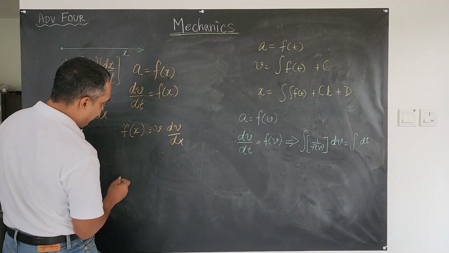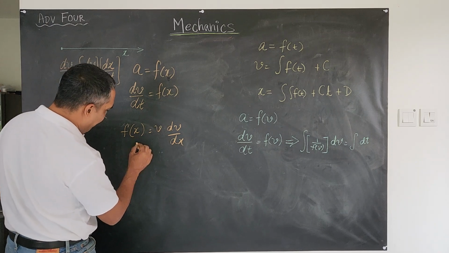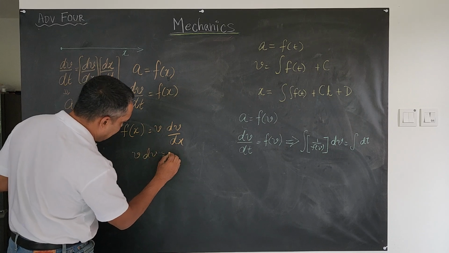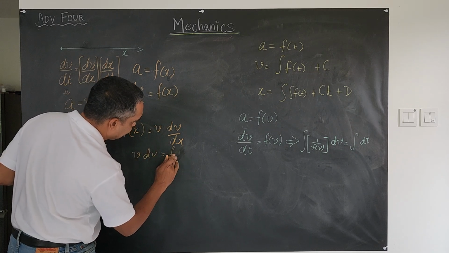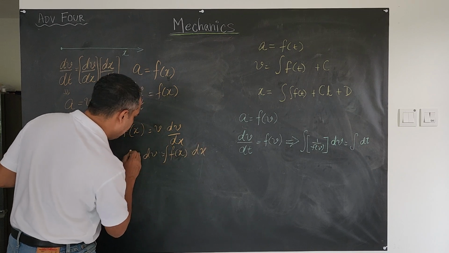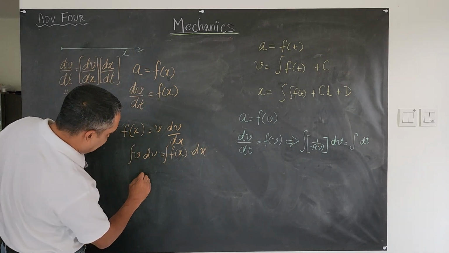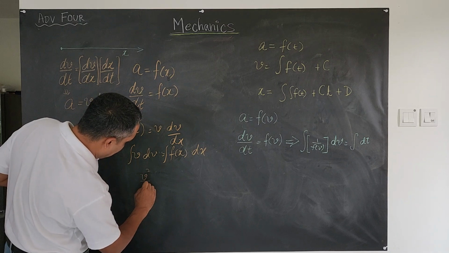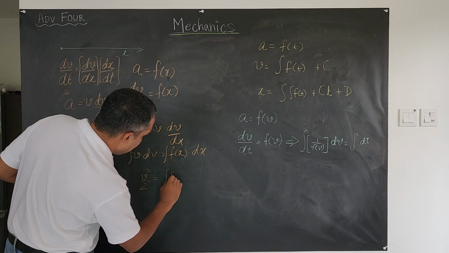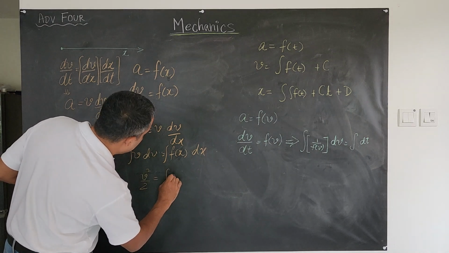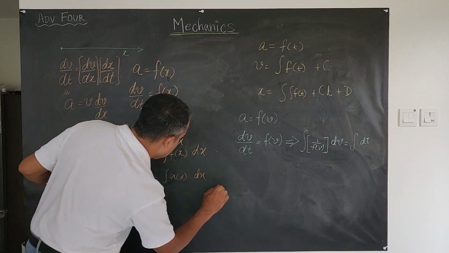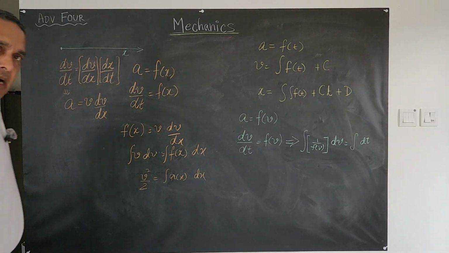Now I can write the integral pretty easily, right, by moving them around. I can say v dv is equal to f of x dx, and apply the integral, right? And then the integral of v dv is v squared by 2, which is equal to the integral of acceleration as a function of x times dx. I hope you're with me on this.